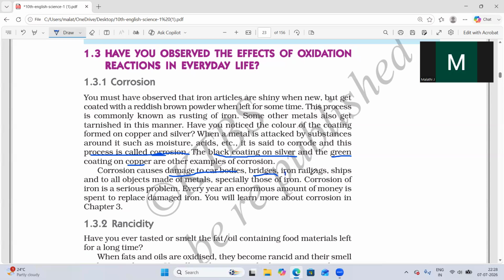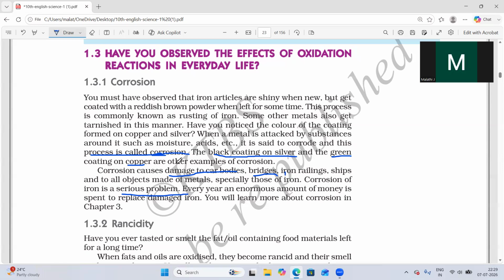Then iron railings, ships, and all objects made of these metals get corroded. We get some serious problems from this corrosion.